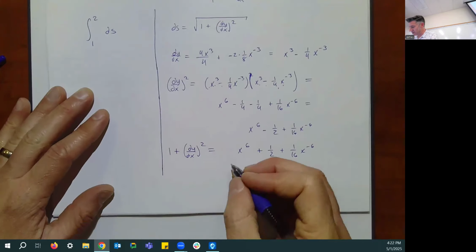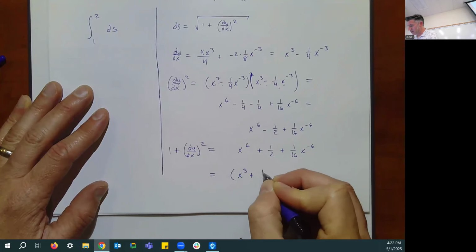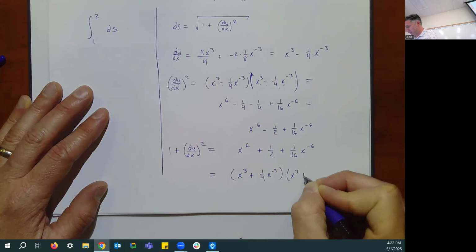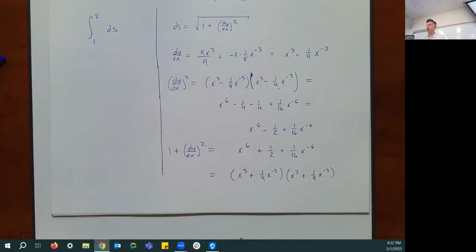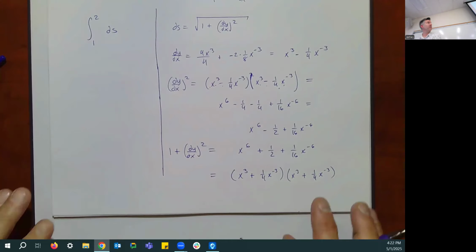So this is exactly going to factor as x cubed plus 1/4 x to the negative third times x cubed plus 1/4 x to the negative third. And if you're taking the square root of that, the square root of something squared is just the something.